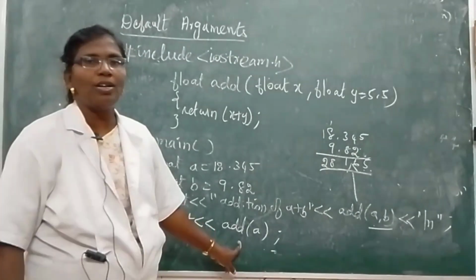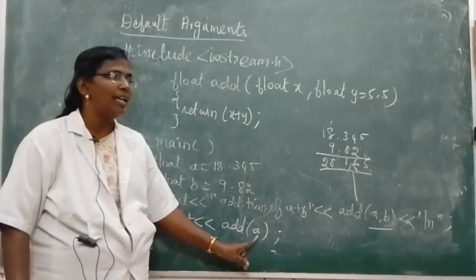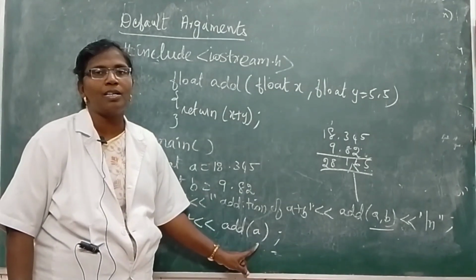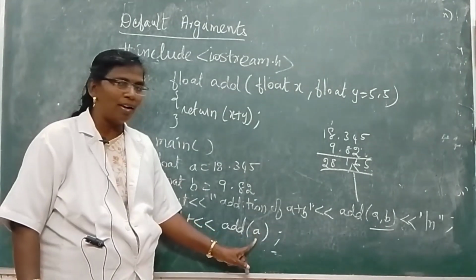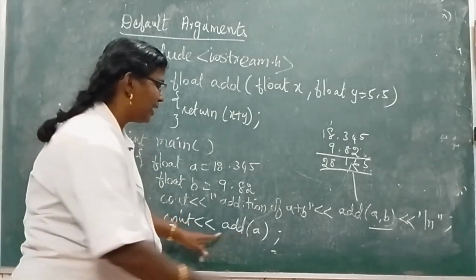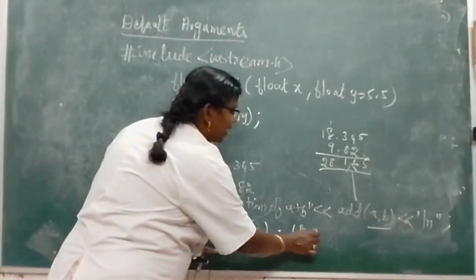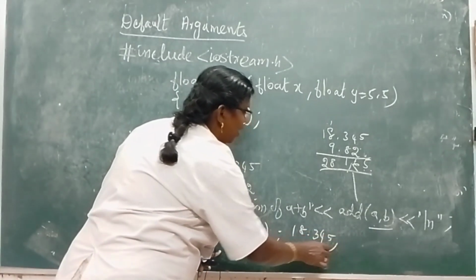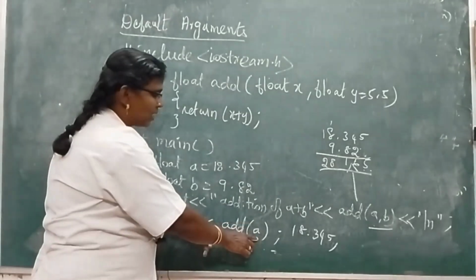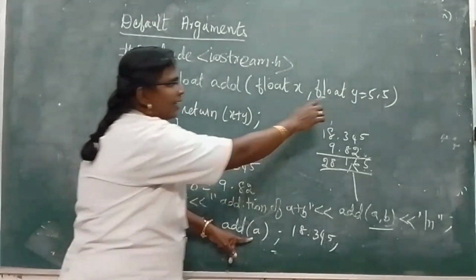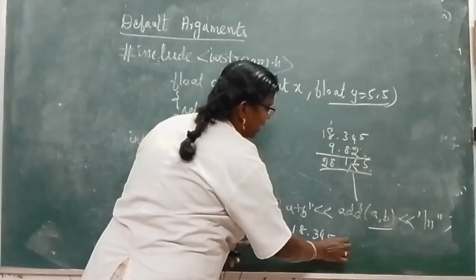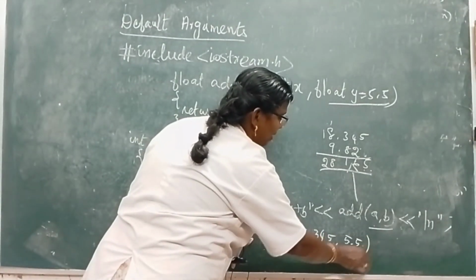So if you call this function add of A, here the two arguments are not passed. So only one value is taken here. So for this function, the value will be 18.345, comma, the B value is not given here. So automatically the default argument is taken here. So 5.5 is taken here.